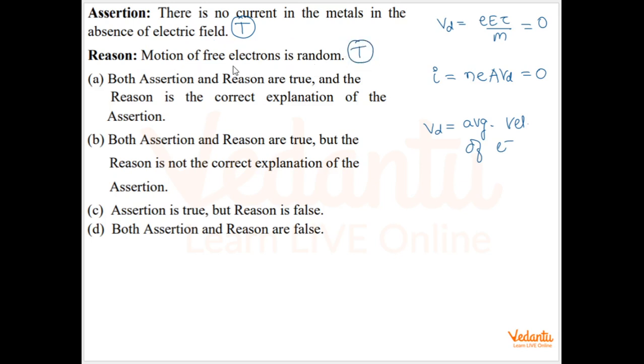And when the motion is completely random, the average velocity should be 0. For random motion, average velocity of all electrons should be 0. So in this case, both assertion and reason are true. And if you think about it, the reason does correctly explain the assertion. Because of random motion, drift velocity will be 0, and therefore the current will be 0.